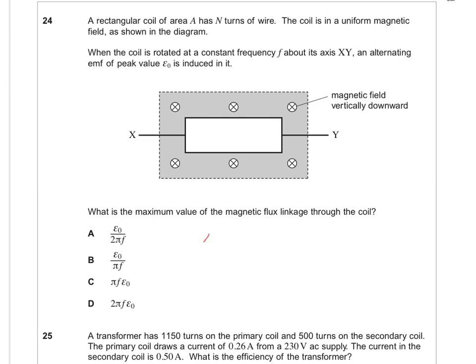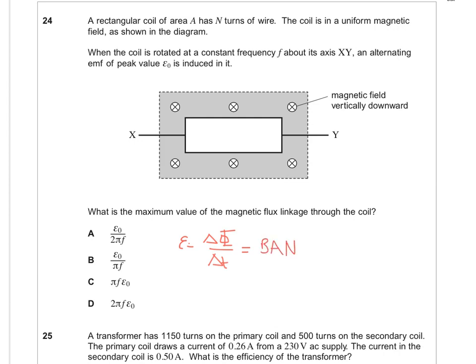So we know that the EMF is the rate of change of the flux linkage, and we know it's at its peak when it's E0. So we can put in an expression for the EMF.